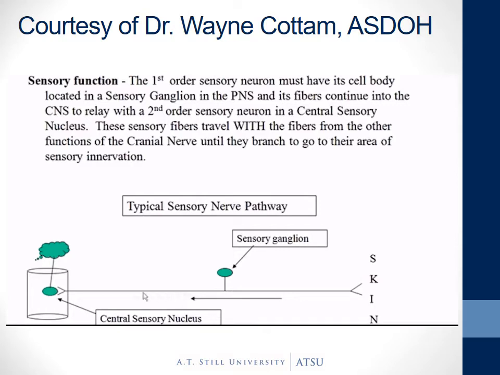And that neuron continues on to enter into the central nervous system and relay to the cell body of a second-order sensory neuron, which will then ascend up the spinal cord into the cortex, relay with a third-order sensory neuron, and deliver the information to the cortex. And that is a summary of the sensory function of a cranial nerve.